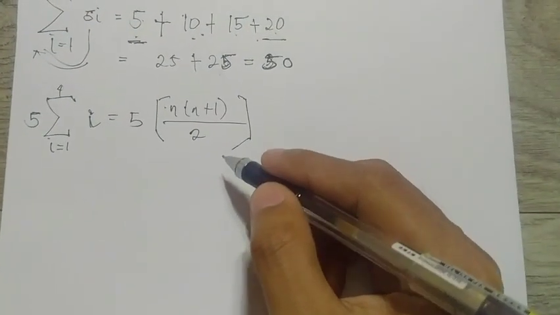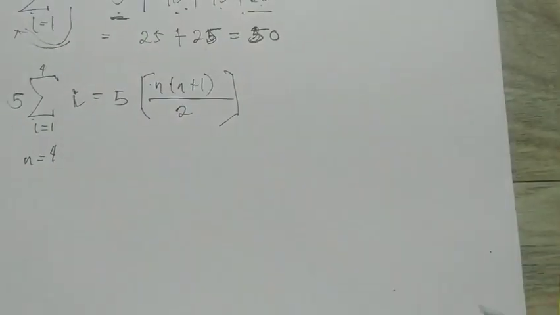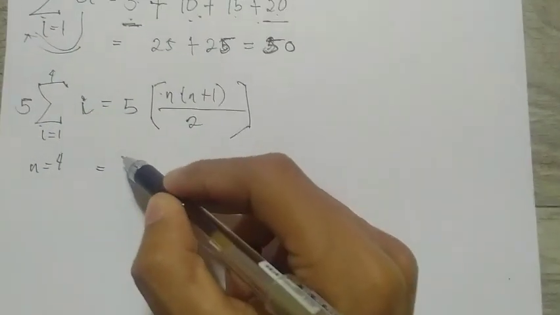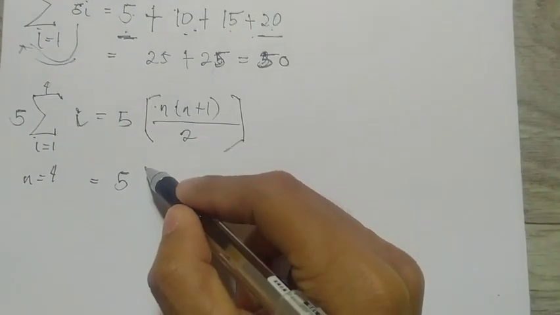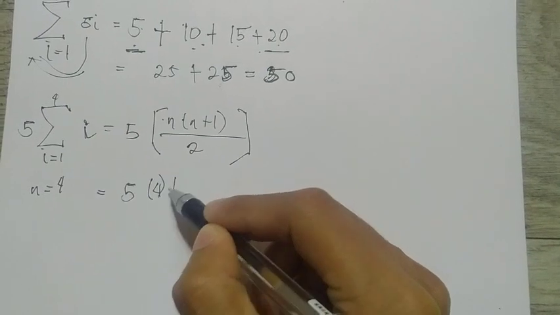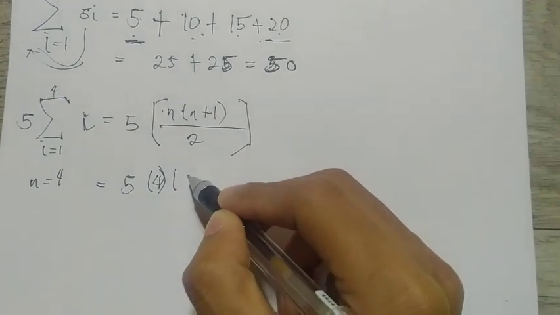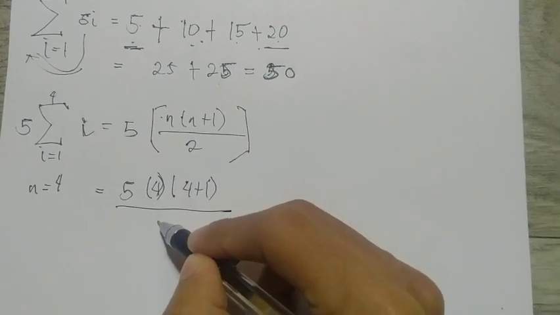So n is equal to 4. So 5 times, n is 4, so 4 times 4 plus 1 over 2.